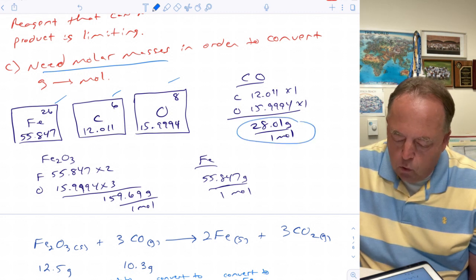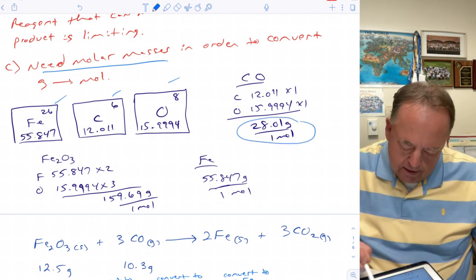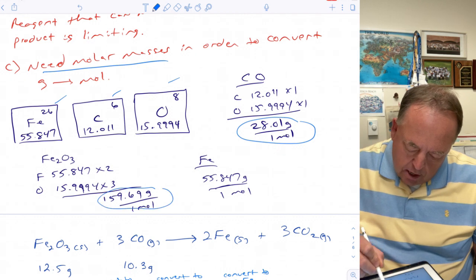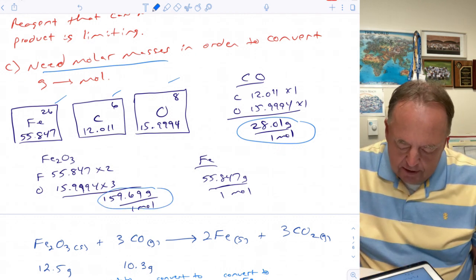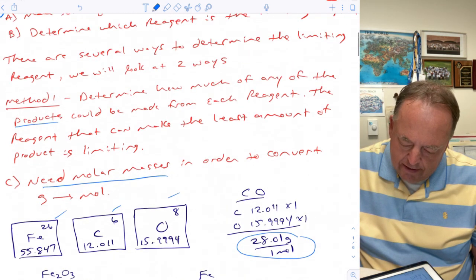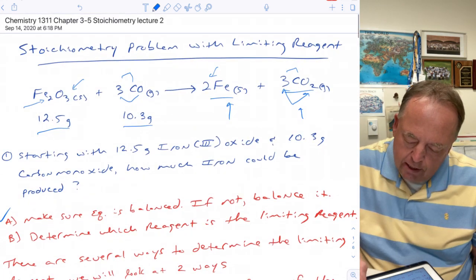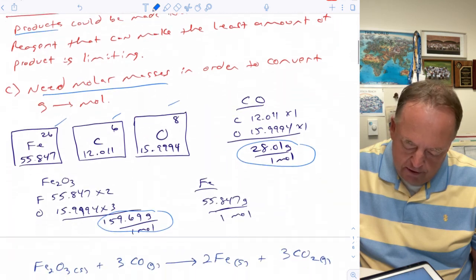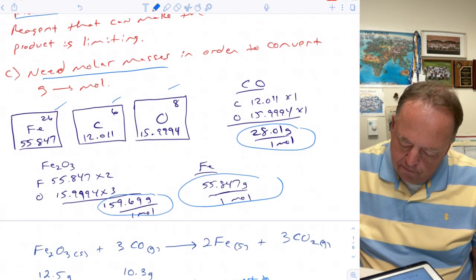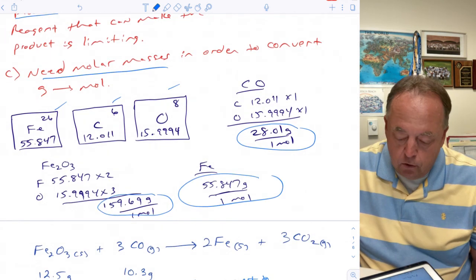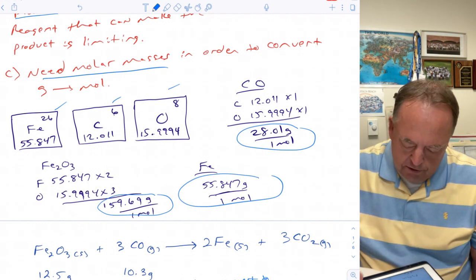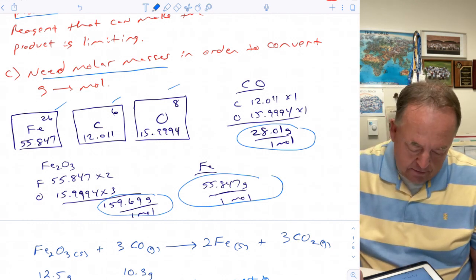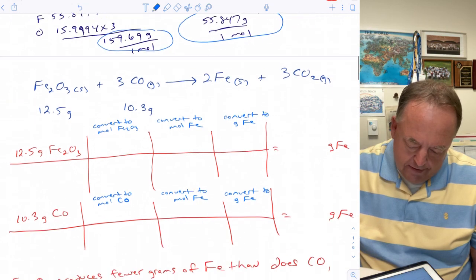So 28.01 grams per mole for carbon monoxide, 159.69 grams per mole for iron 3 oxide, and this is solid iron, so that's just elemental iron, and you just look on the periodic table for it: 55.847 grams per mole. Okay, so now we can do the math and figure out this problem.